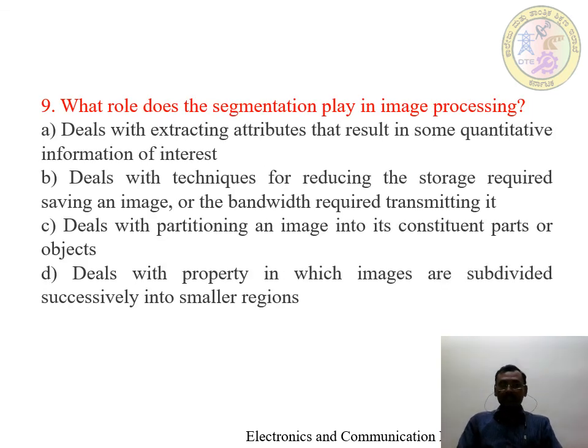Ninth question. What role does segmentation play in image processing? Options are A, deals with extracting attributes that result in some quantitative information of interest. B, deals with techniques for reducing the storage required to save an image or the bandwidth required to transmit it. C, deals with partitioning an image into its constituent parts or objects.